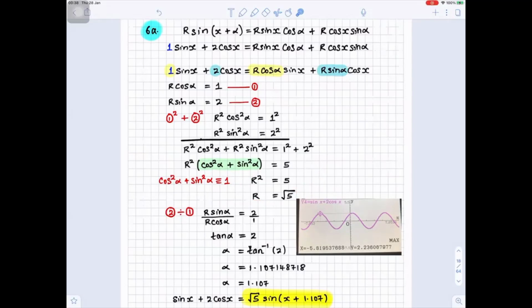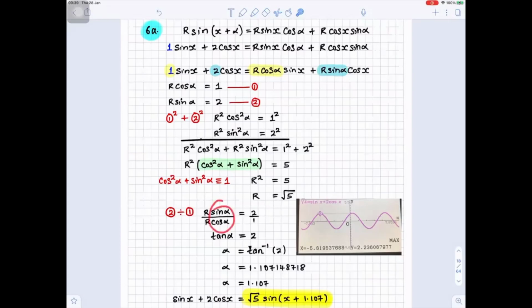Another way to get r quickly is the square root of 1 squared plus 2 squared. That gives you 5. Watch that: 1 squared plus 2 squared, and the square root of that will give you root 5. Now equation 2 divided by equation 1: r sine alpha divided by r cos alpha is equal to 2 divided by 1, which is 2.